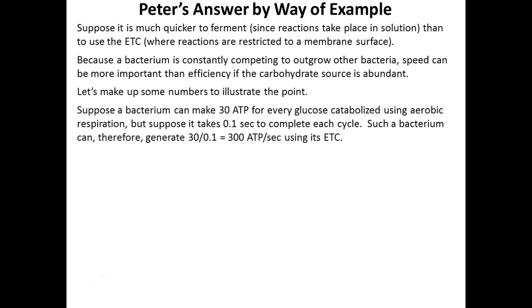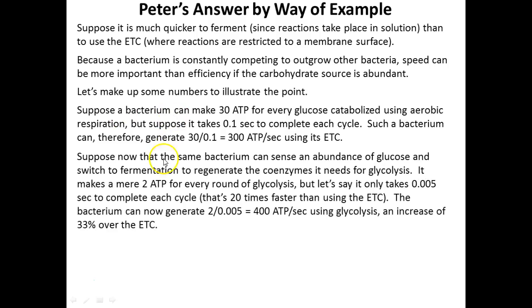So suppose a bacteria can make 30 ATP for every glucose metabolized aerobically, but it takes 1/10 of a second to complete each cycle. So after an entire second, they've only generated 300 ATPs. And I say only because suppose now that the same bacteria can sense that there's an abundance of glucose, and they can, they'll switch to fermentation.